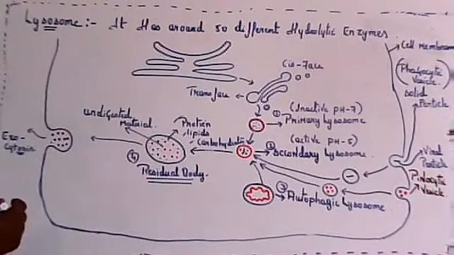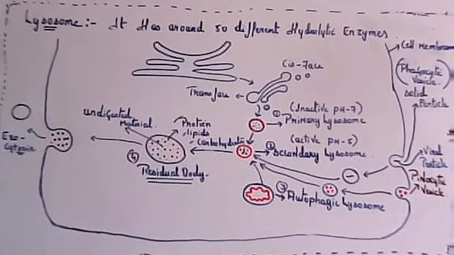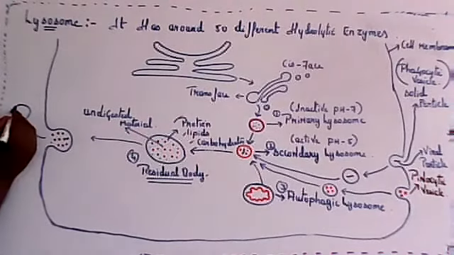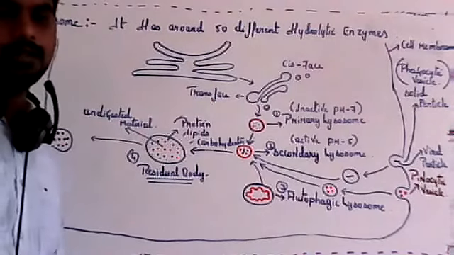Now this vesicle will start to move outside, and inside it all the unwanted material will be present. So this residual body has to be immediately thrown out of the cell.